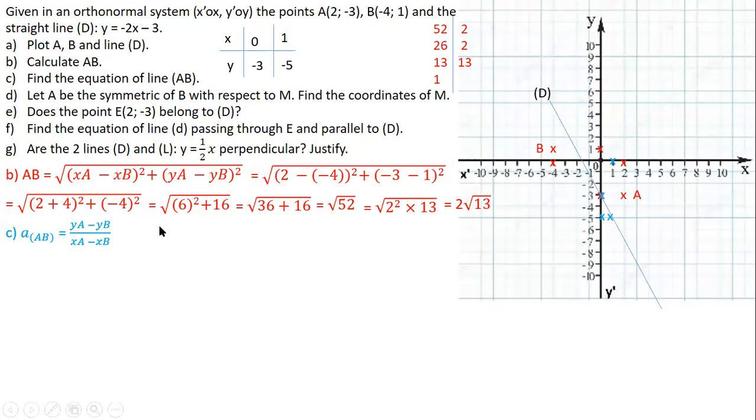Now -3 minus 1 is -4. Negative times negative is positive, so I get -4 over 2 plus 4. So -4 over 6 is -2 over 3. So the slope of line AB is -2 over 3. After we find the slope, Amir, now where does line AB pass?